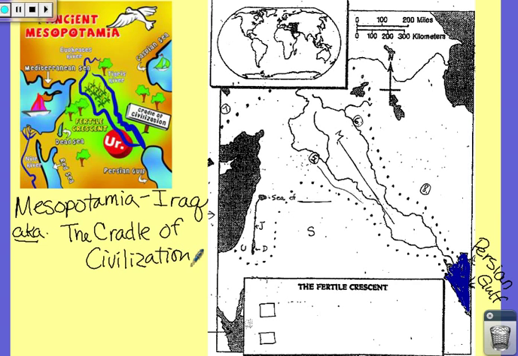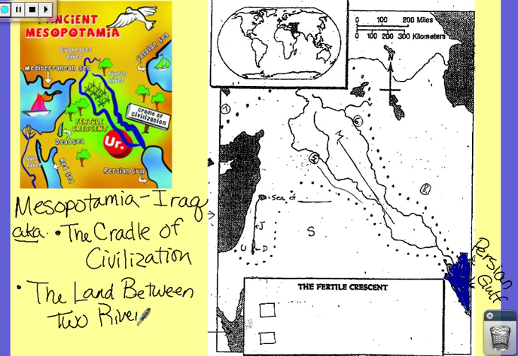It's also called the land between two rivers. So Mesopotamia, present-day Iraq, is also called the cradle of civilization, the land between two rivers.